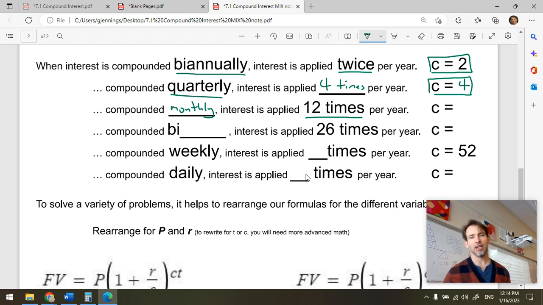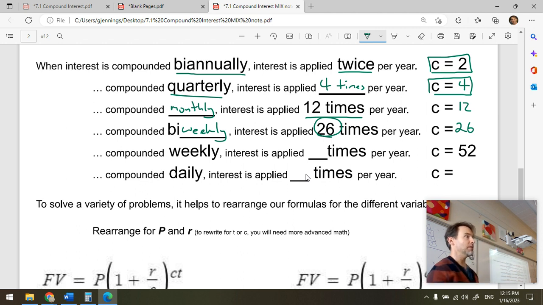Monthly. And C would be 12. And wouldn't you know, biweekly is 26 times per year, so C is 26. That's not so uncommon. A lot of people are paid biweekly, or we call that semi-monthly. Semi-monthly and biweekly are slightly different because there's not exactly 4 weeks every month.